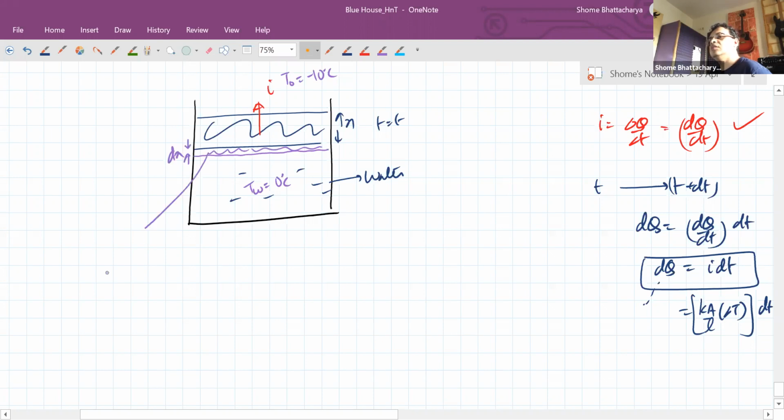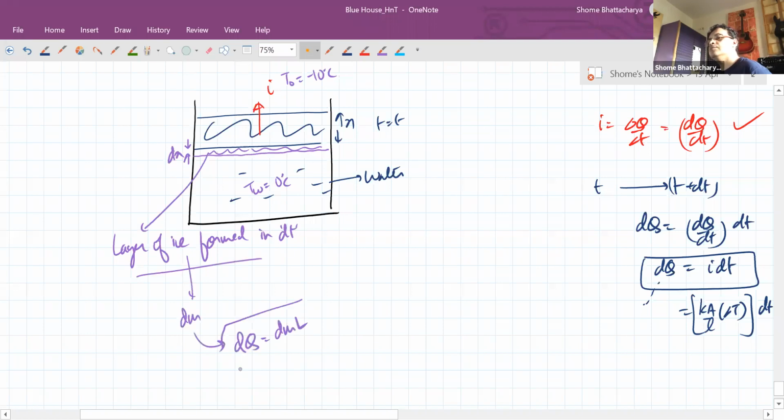So this is the layer of ice formed in time dt. Okay. So that layer of ice formed, suppose its mass is dm, then how much heat was removed from it to form it? dm into L. So now see this, these two are related. So dm into latent heat of ice is equal to the heat current multiplied by time dt.